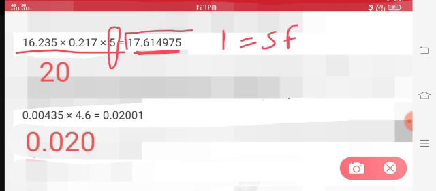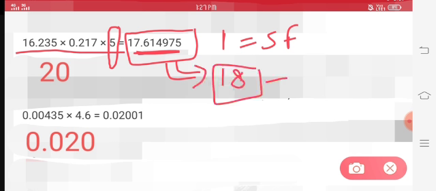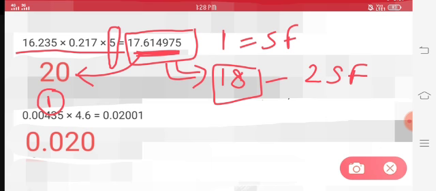So we will round off this number to 18 something, but 18 has two significant figures. So the nearest number to this decimal value is 20, where there is only one significant digit. You have to take 20 as the rounded value for this decimal number.